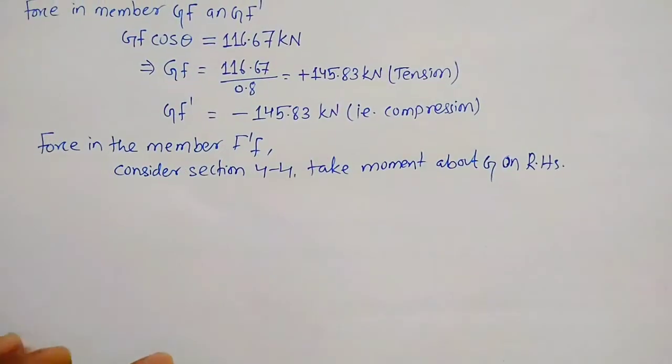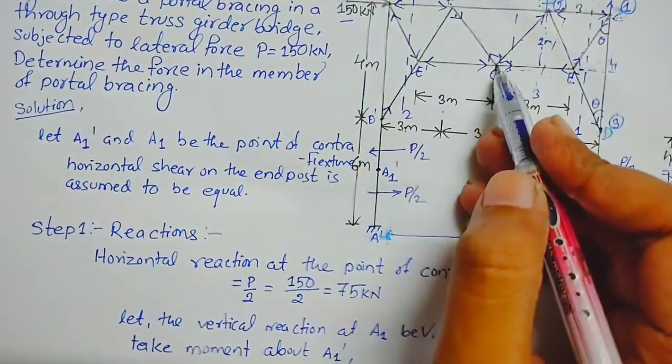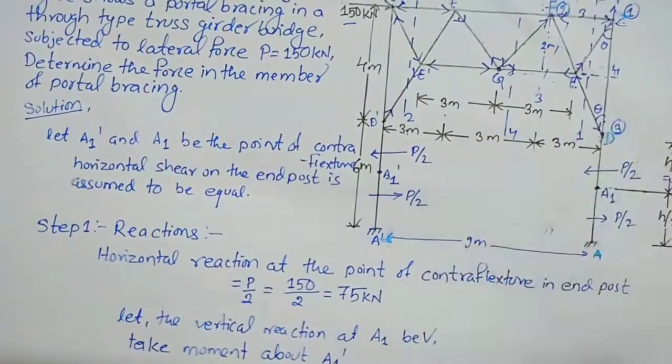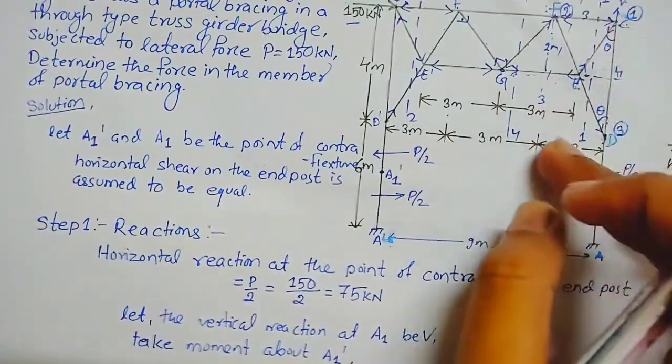Now guys, as we are in the mid span of this portal bracing and we are taking moment about G, we are considering the right portion, so we will take the forces in the right hand side portion of this portal bracing.